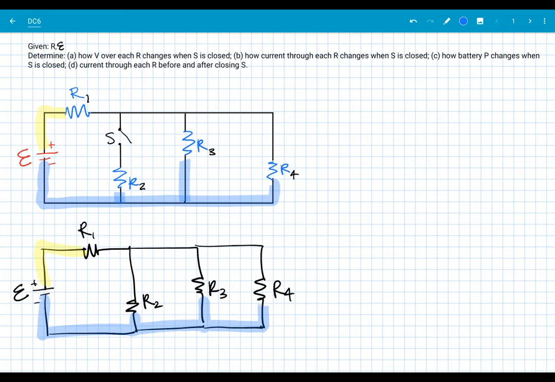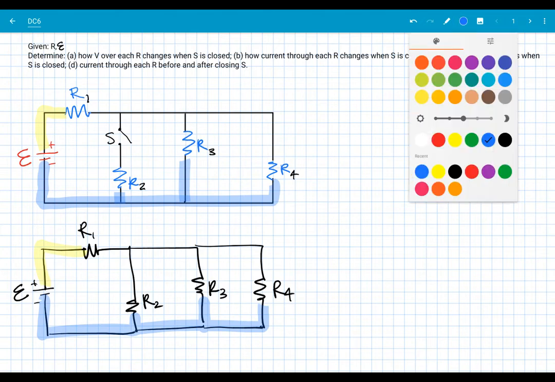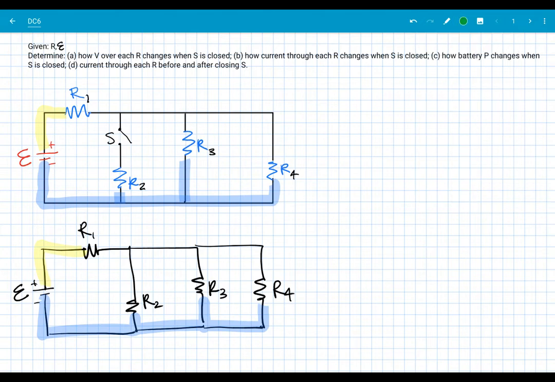And then I'll choose a different color. Up here, I'm going to choose green for all this. And down here, I'm going to choose something different, because it might not be the exact same elevation as the green.